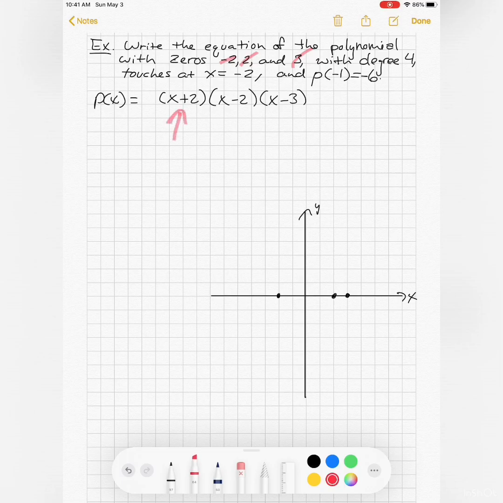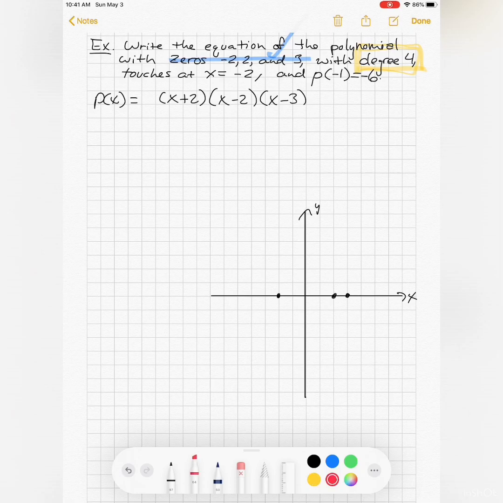So if I write that, I've got zeros at -2, 2, and 3. Okay, so then this condition is satisfied. What else does it say? It says degree 4. So far I only have a degree of 3. So this I have not dealt with yet.